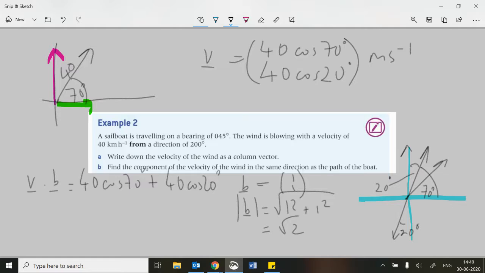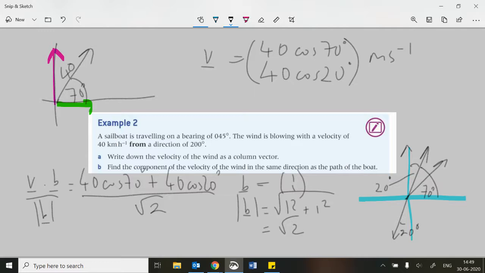And then to find the component which is acting in the direction of the boat, we'll need to divide by the length of that boat vector which we chose. So we'll need to divide by the square root of 2 there. So divided by this will give us the amount of v which is acting in the direction of b.